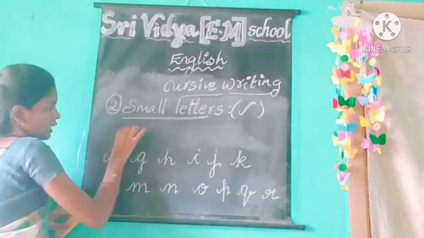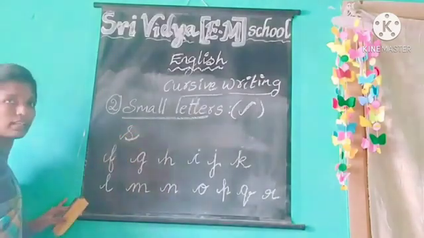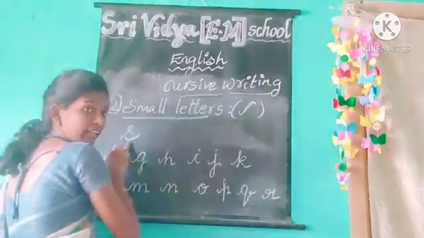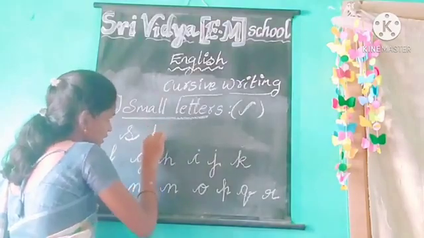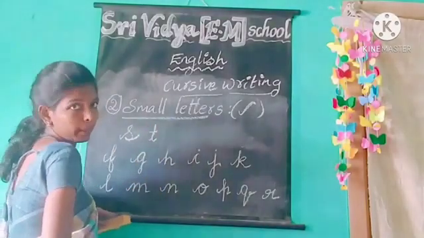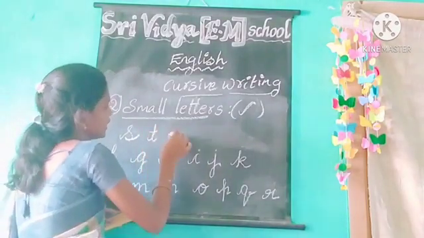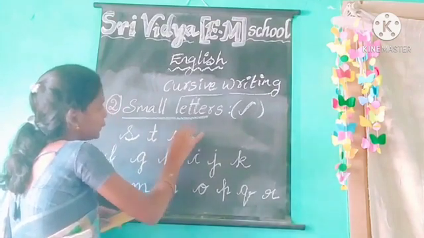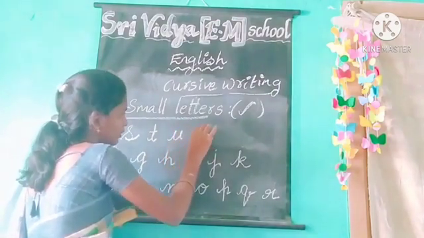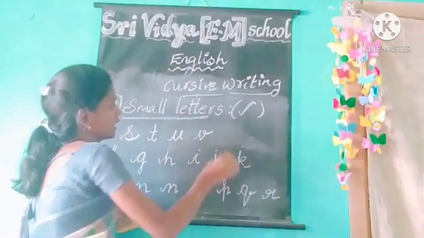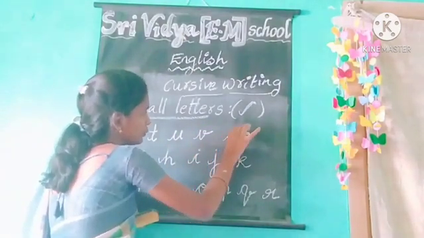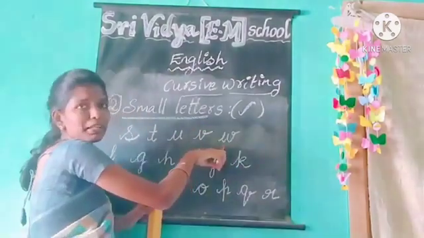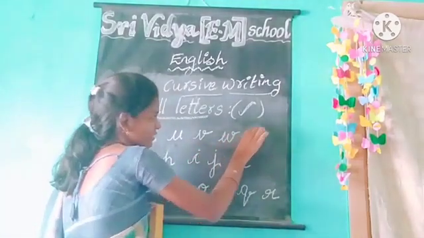The next letter after R is S. Okay. After S, the next letter is T. The next, U. Then V. W. Then the next letter is X.